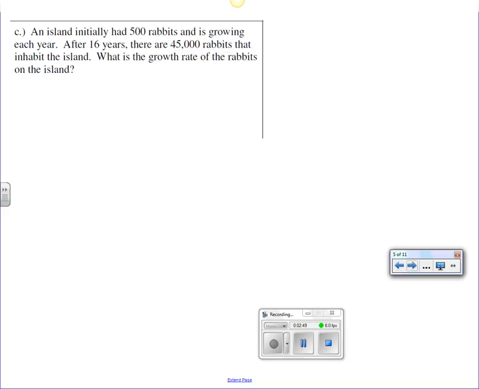Next one, an island initially had 500 rabbits and is growing each year. After 16 years, there are 45,000 rabbits that inhabit the island. What is the growth rate of the rabbits on the island? So it is growing, so we're going to be using the exponential growth formula. Initially goes right here.